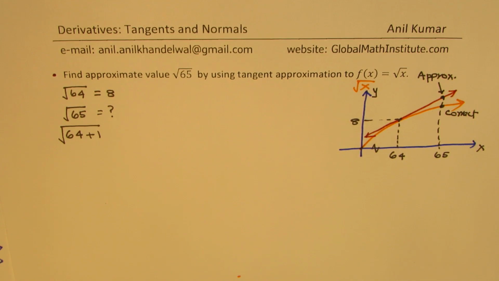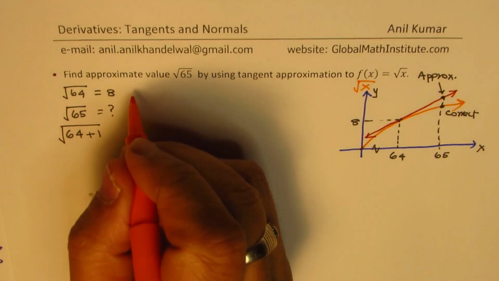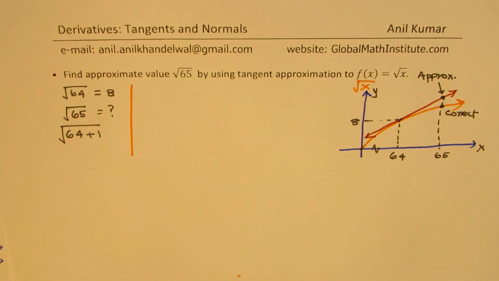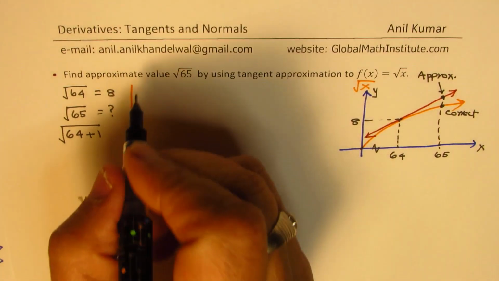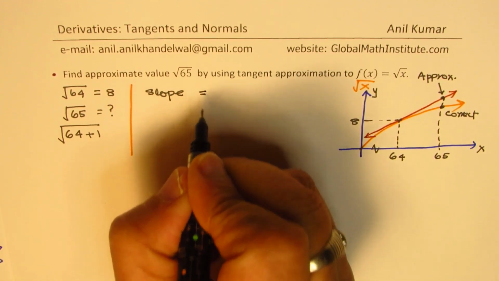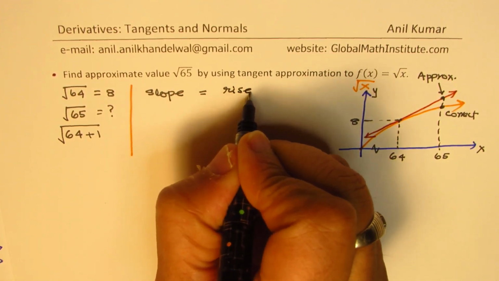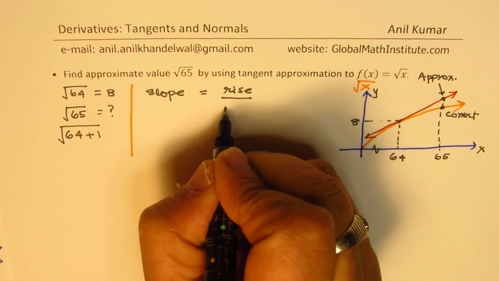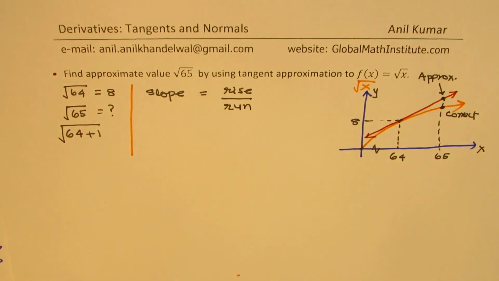Now, let me give you one more concept as we move forward. We know slope is equal to rise over run. Correct? You can say tangent of theta, rise over run.